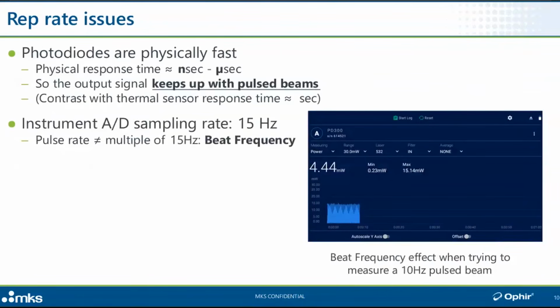So let's talk a little bit about issues related to the repetition rate of these pulses. Photodiodes are typically fast response, as we said, nanoseconds to microseconds, which means, as we saw, if you remember that graph, the output signal of the detector has no problem keeping up with the pulsing of the beam, as opposed to slower sensors.